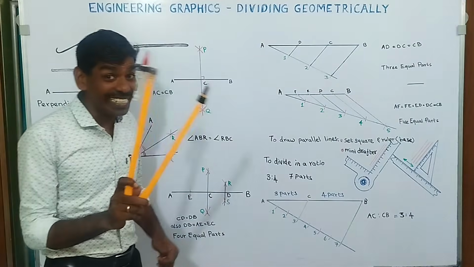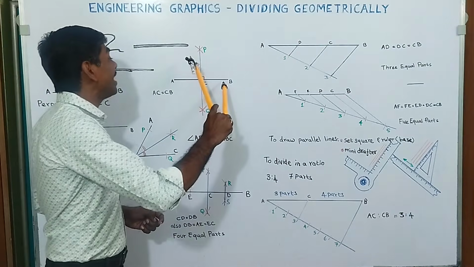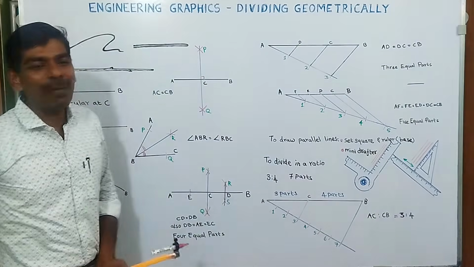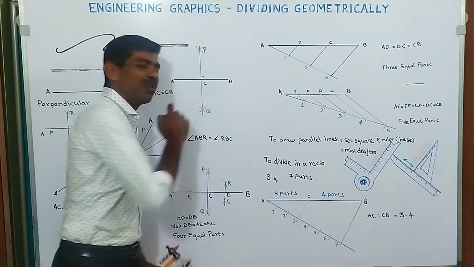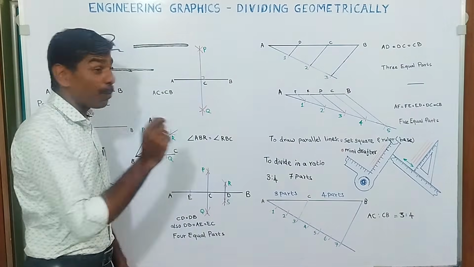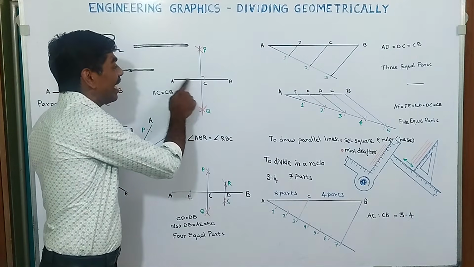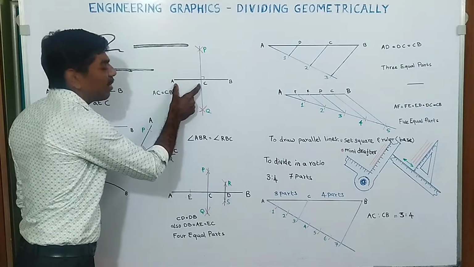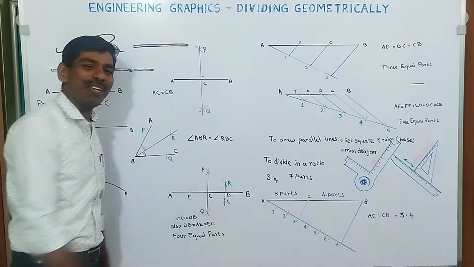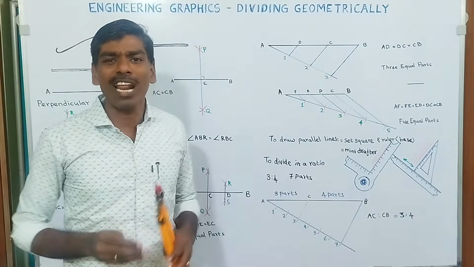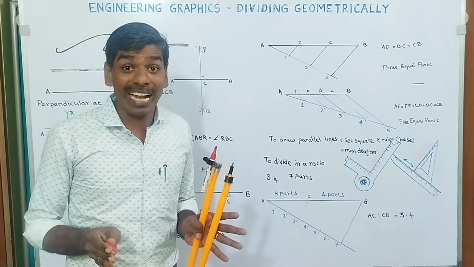Now, without changing the radius, with B as center, cut an arc above and below, naming these points P and Q. When we connect P and Q, we get a point of intersection C on the line AB. Measuring AC, it is definitely equal to CB. Here we have divided line AB into two equal parts, or as we call it, bisected the line.